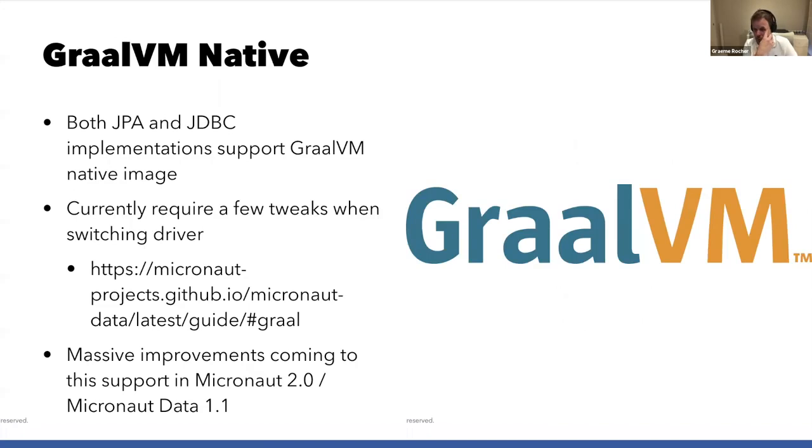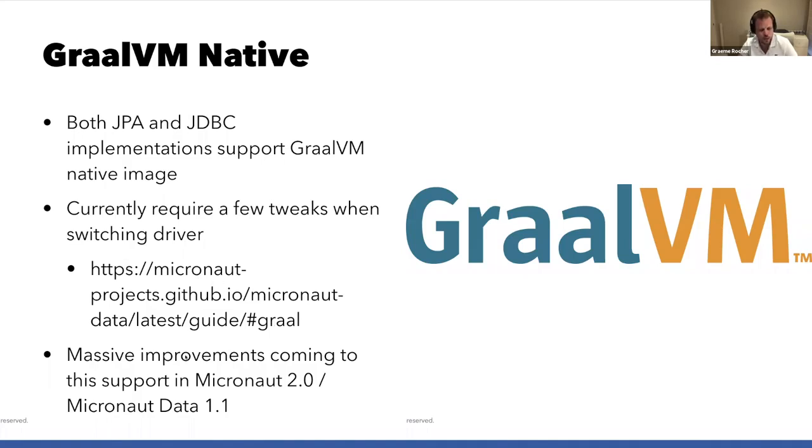In terms of native image, both JPA and JDBC implementations support GraalVM native image, so you can build native images. The currently released version of Micronaut Data does require a few tweaks when you switch to a different driver, and those are documented at this URL. So you basically have to add a bit of configuration.